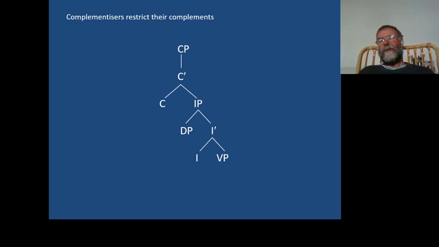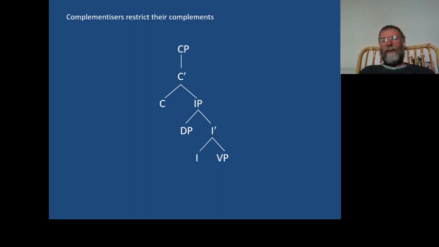Heads place restrictions on their complements. Now, complementizers only ever precede inflection phrases. You never get a complementizer in front of a DP or a VP or a preposition phrase or any other phrase. So in that sense, complementizers are like other functional heads.